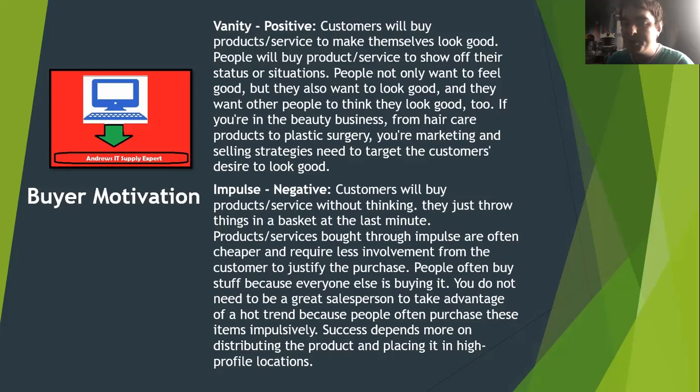People often buy stuff because everyone else is buying it, so that means encouraging. You do not need to be a great salesperson to take advantage of a hot trend, because people often purchase these items impulsively. Success depends more on distributing the product itself and placing it in high profile locations.